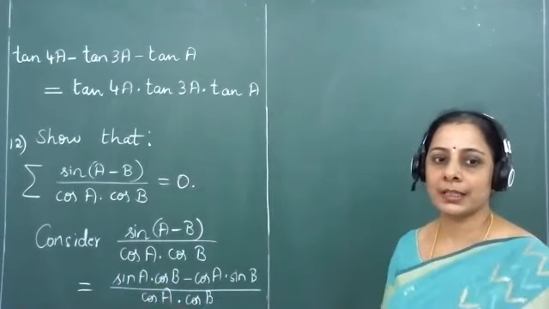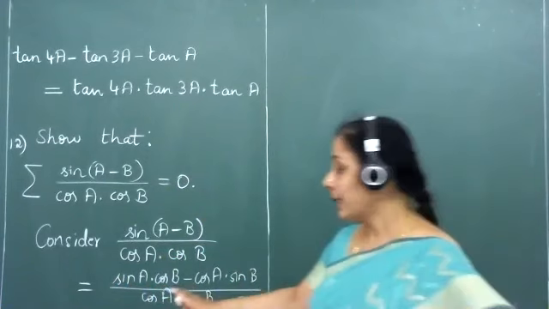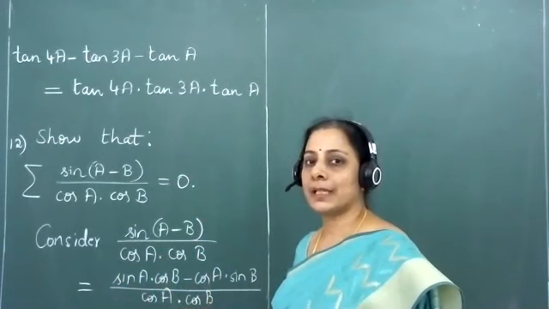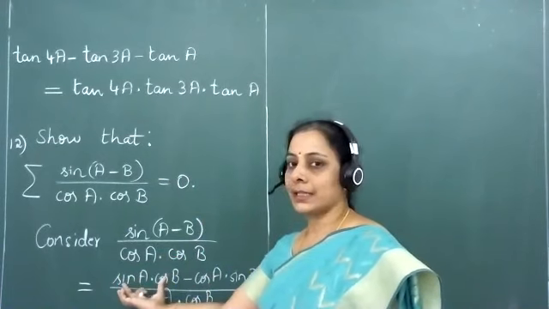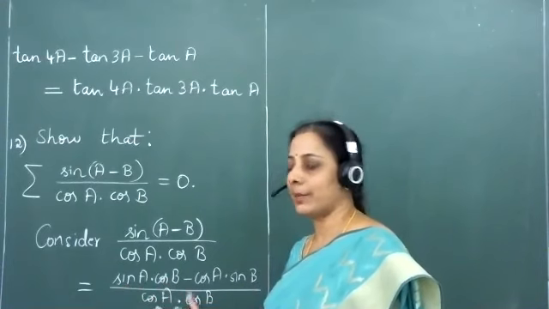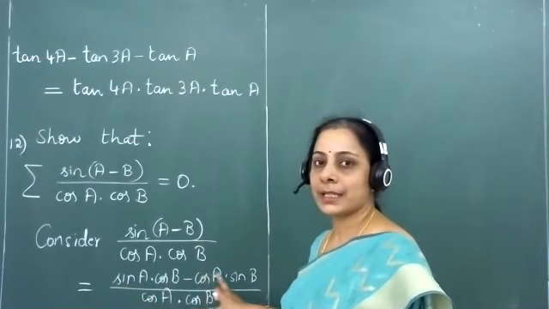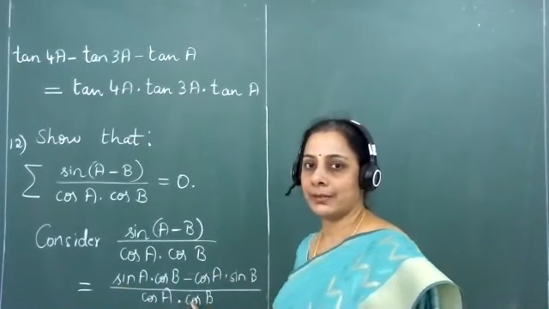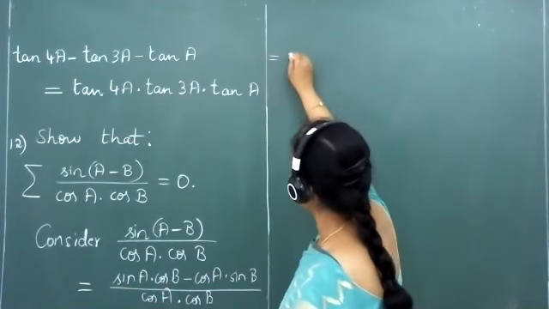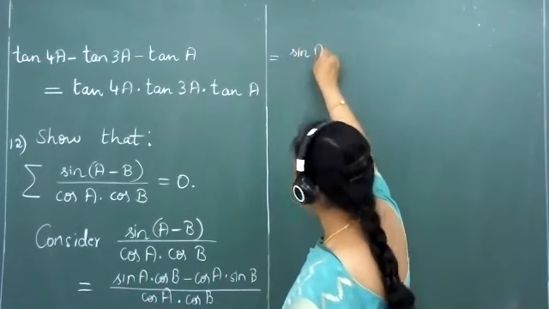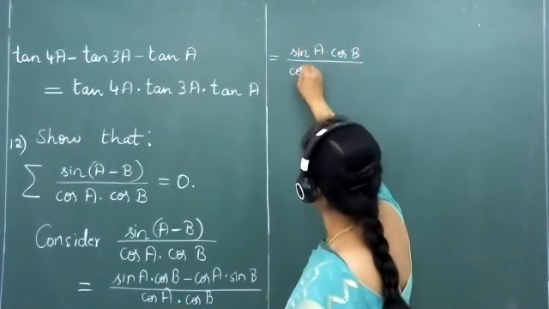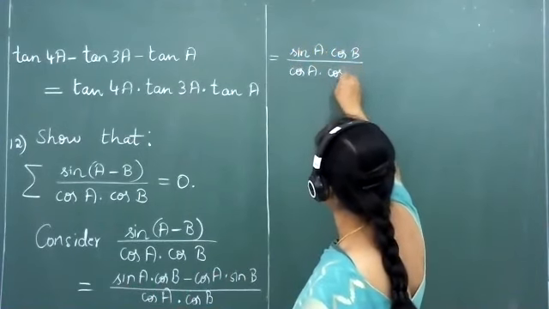We are not changing the denominator. As earlier, here also we will try to split the terms. We will consider first term in the numerator divided by the denominator minus second term in the numerator divided by the same denominator. So as to get sin A into cos B whole divided by cos A into cos B.